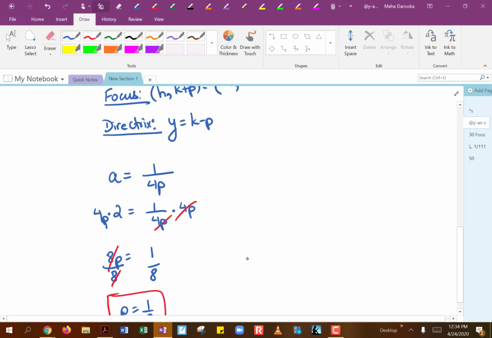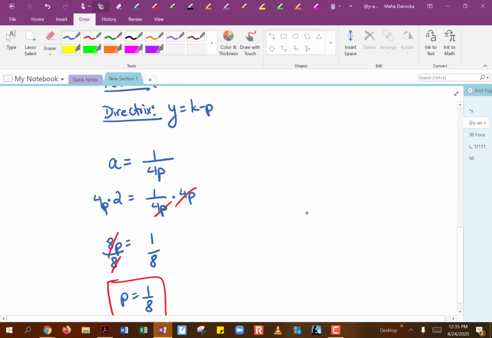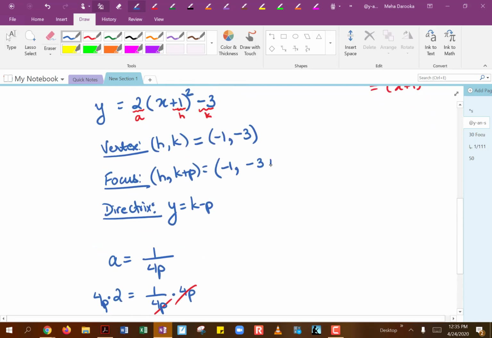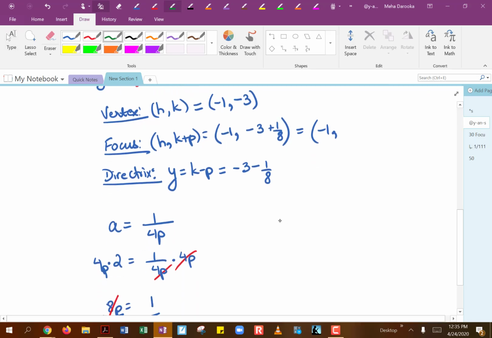Okay, so now that we know what the p value is, we can go ahead and calculate k plus p and k minus p for the focus and the directrix respectively. So our k value is negative 3. P is 1/8, and then of course we'll simplify that. For the focus, you will do k plus p, so that's negative 3 plus 1/8, and the point will be negative 1 comma negative 3 plus 1/8.